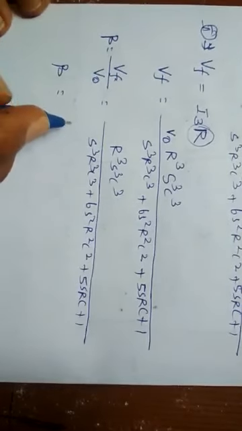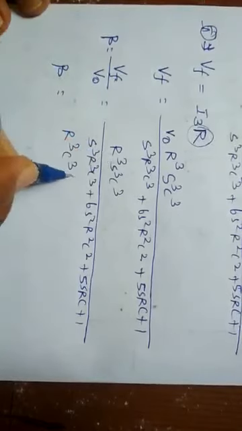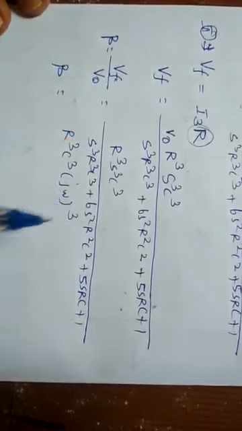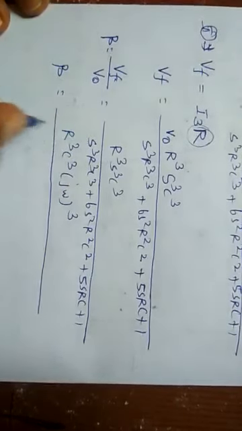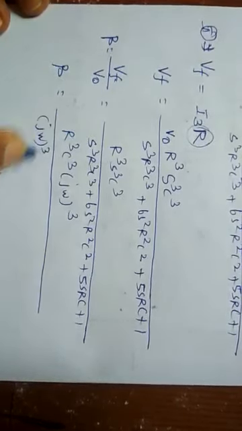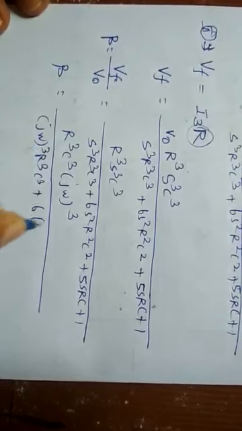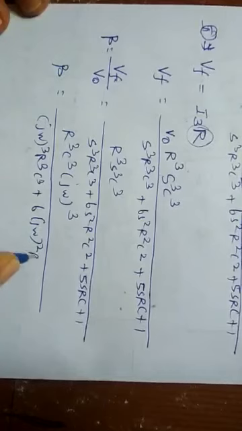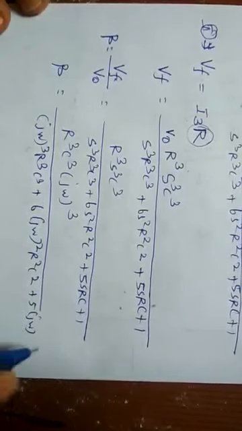Beta equals R cube C cube. For S we can put j omega, so j omega cube, divided by, here for S it is j omega cube R cube C cube plus 6 into j omega squared R squared C squared plus 5 into j omega into RC plus 1.